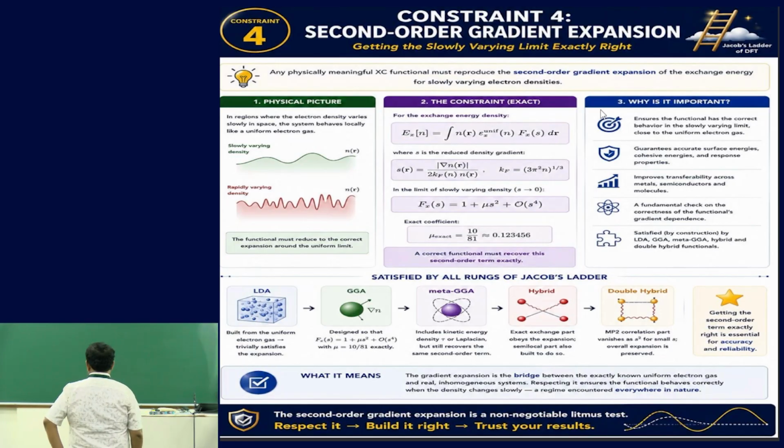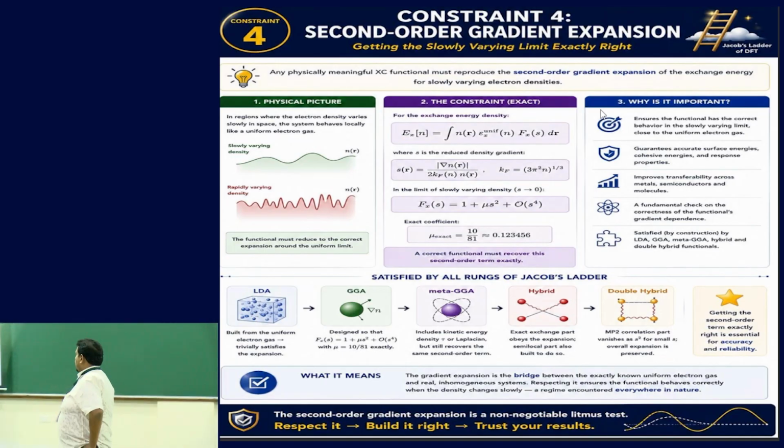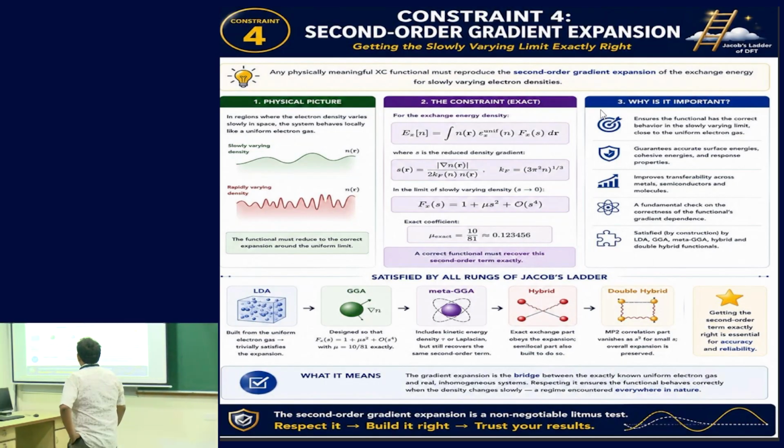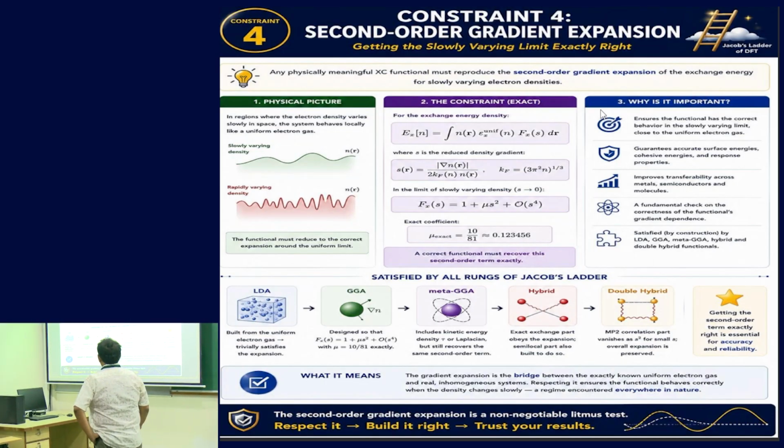Now, this density is rapidly oscillating, and here there is not much oscillation. If that is the case, then this inhomogeneity should in some way be incorporated or embedded in the functional construction. So how will we do that?